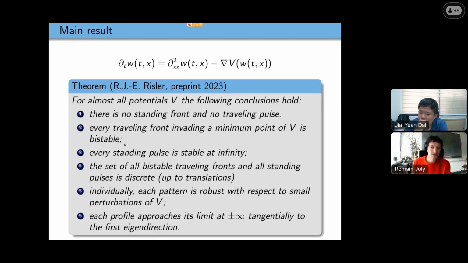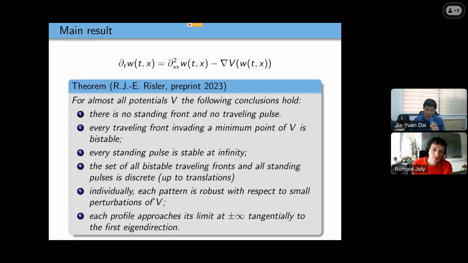I will explain this. But for systems, you may have a degenerate monostable front, but they appear only for very special potentials and not for generic potentials. Also, every standing pulse is stable at infinity. You cannot have a standing pulse that connects unstable equilibria at plus and minus infinity.